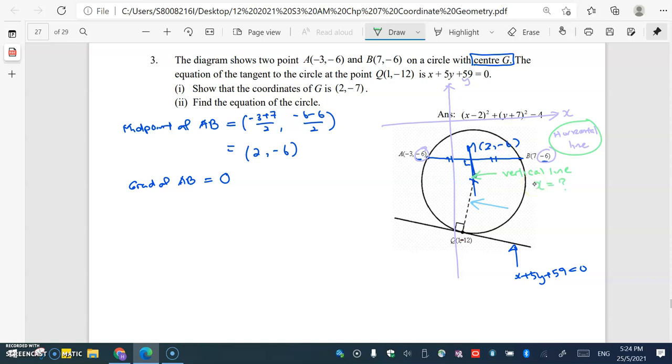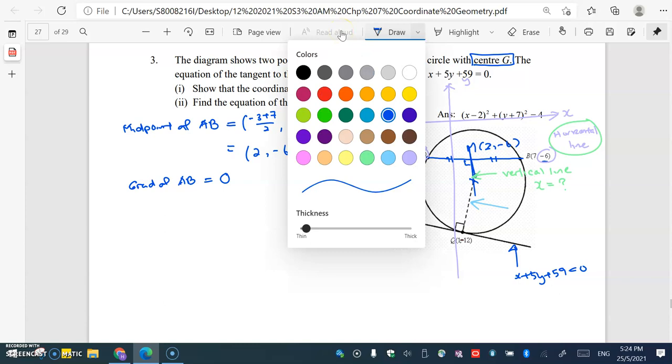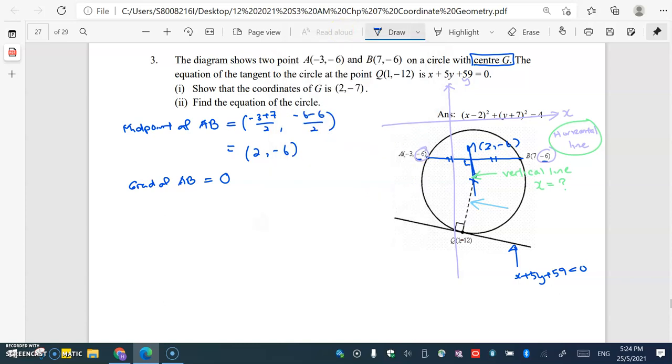Because the vertical line passes through M, we therefore know that the equation of the perpendicular bisector is x = 2. Can you understand why? Because of this coordinate here.